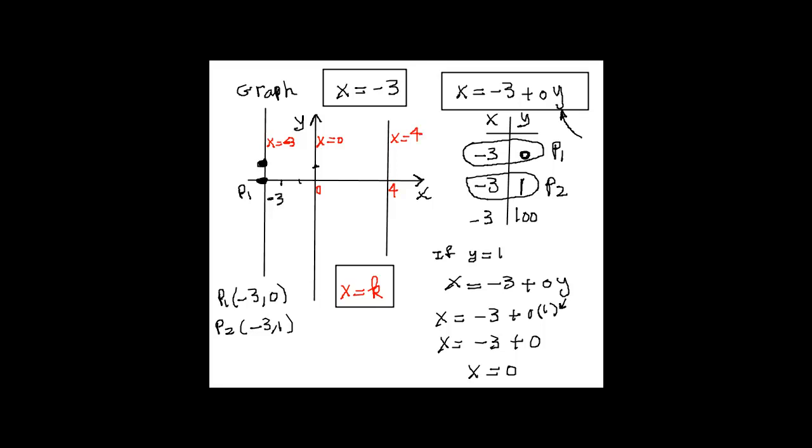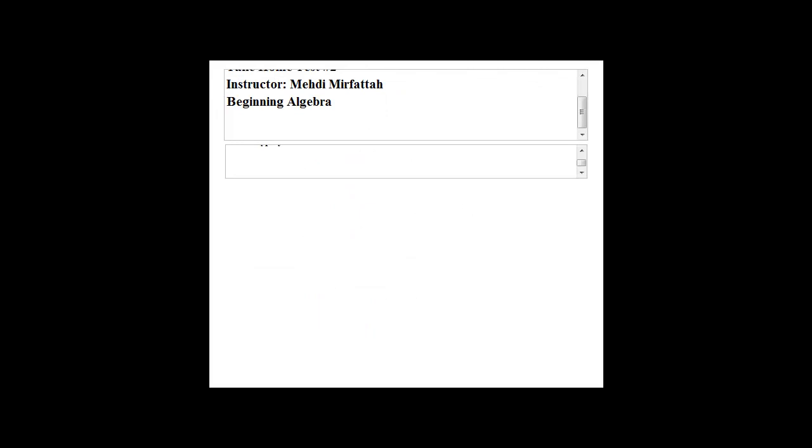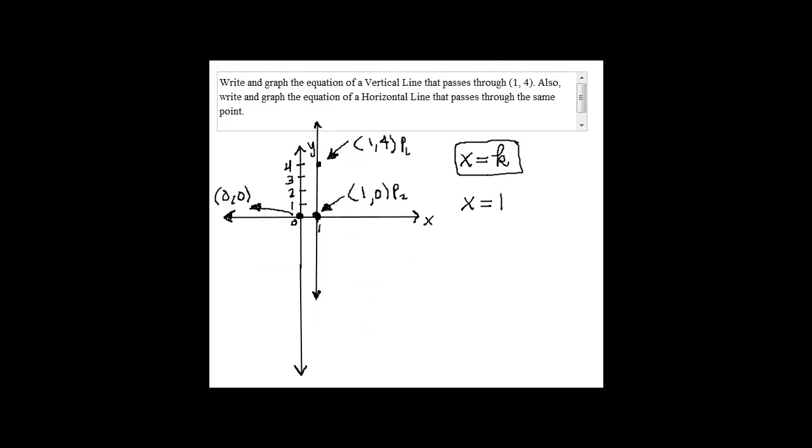Okay, in the example that we had earlier, all they asked us to do was to draw a vertical line passing through the point 1 and 4, and we wanted the equation of that. So we clearly can draw that, and then we would say the equation of this would be x is equal to 1. Okay, it looks like everybody got that.